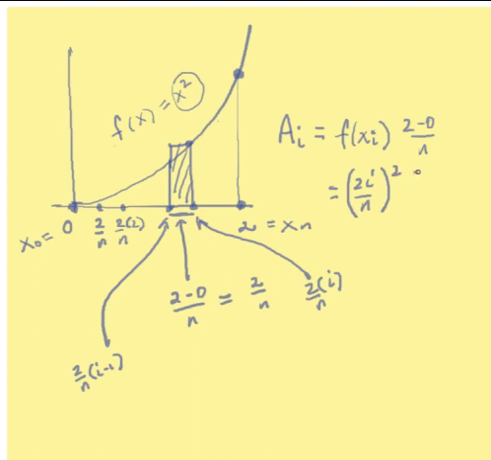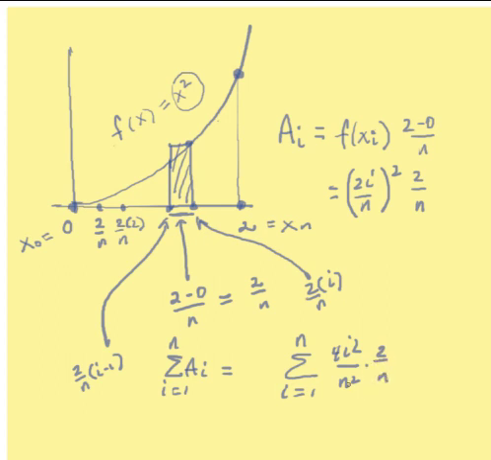That's our f of xi, times 2 over n. Now the sum of all these areas, i equals 1 to n, for each rectangle, is the sum i equals 1 to n. Let's square this out, and we have 4i squared over n squared times 2 over n.